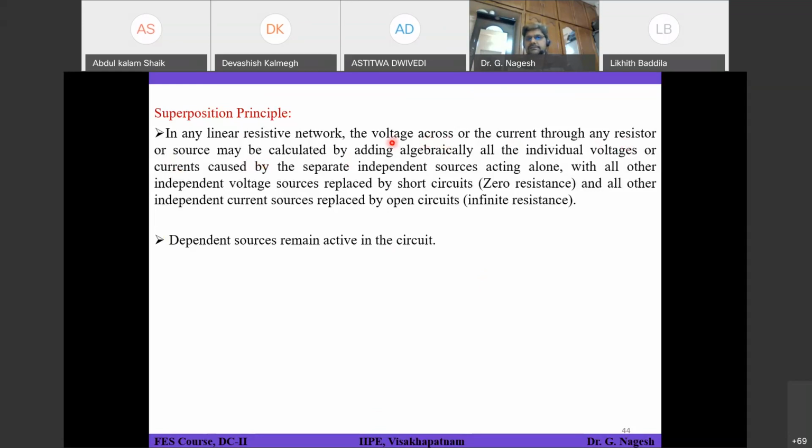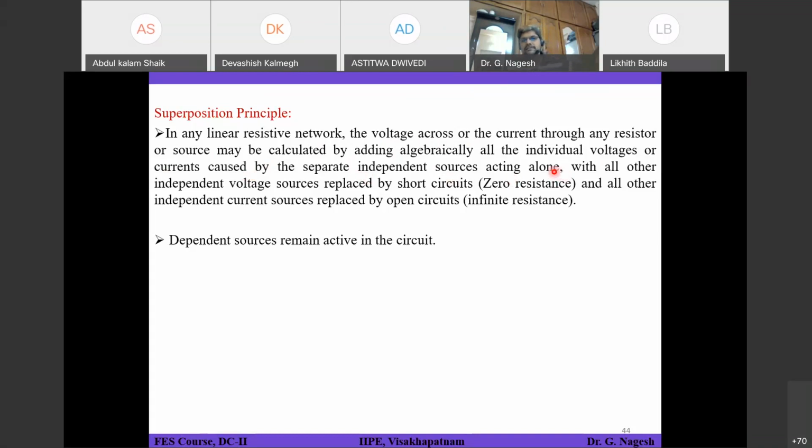In the previous examples, we were interested in finding the current flowing through a particular branch or the voltage across a particular branch. In a linear circuit, the voltage across or current through any resistor or source may be calculated by adding algebraically all the individual voltages and currents caused by separate independent sources acting alone.